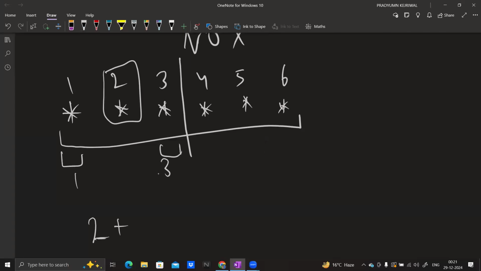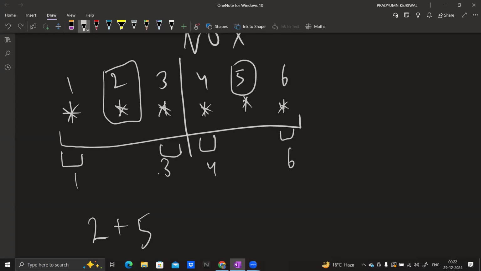This other range is 4 to 6, so the middle element is 5. She'll add 5 into her answer, and then she'll break this into 4 and 6, and then observe the remaining ones.